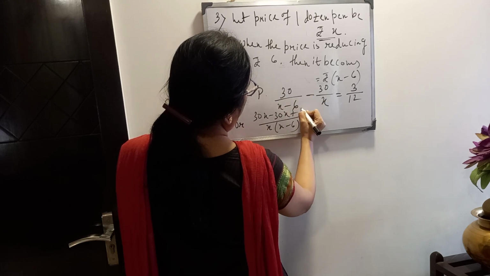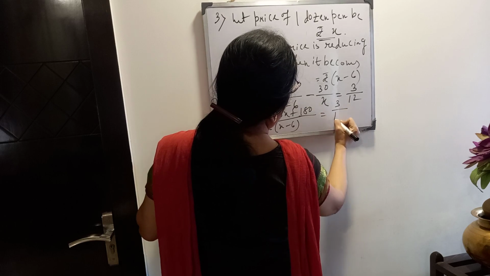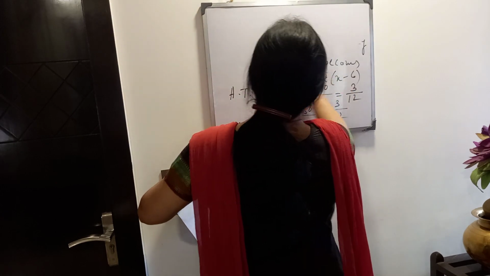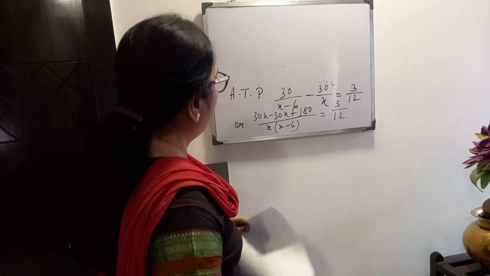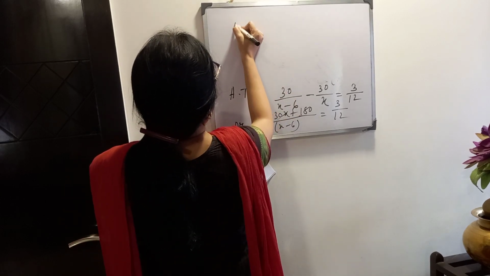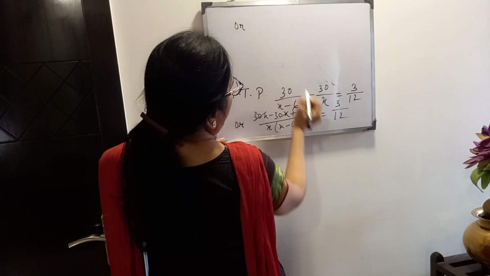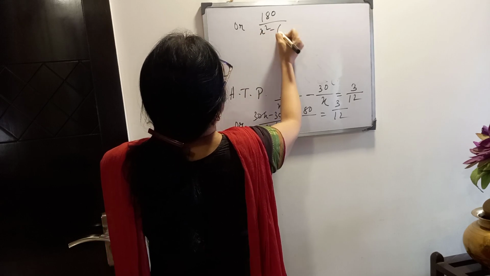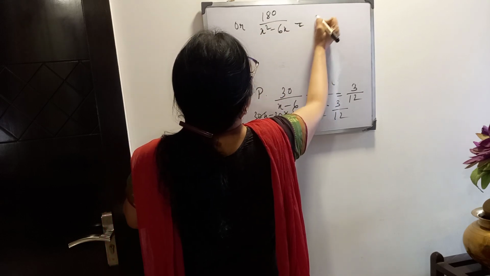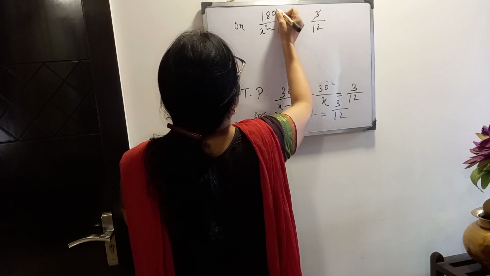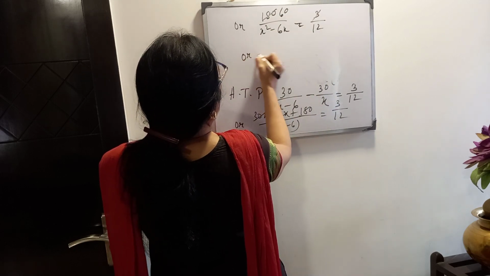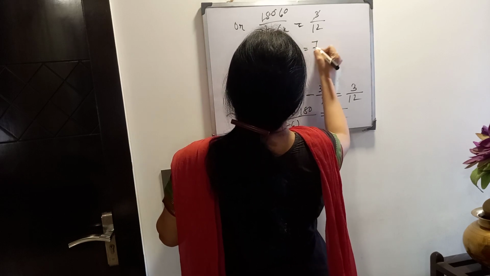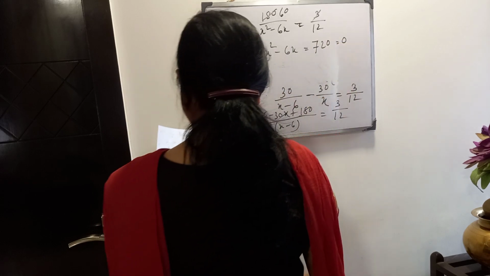Minus minus plus 180, 3 by 12. Then 180 by x square minus 6x equals to 3 by 12. 720 we are getting.